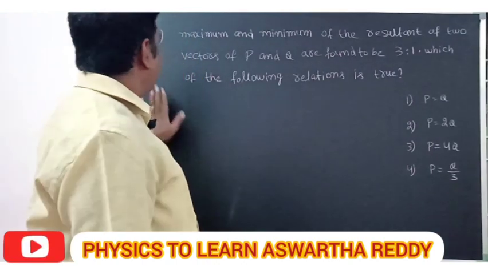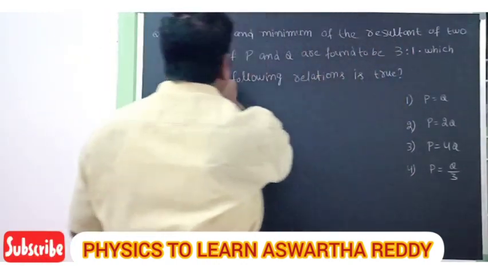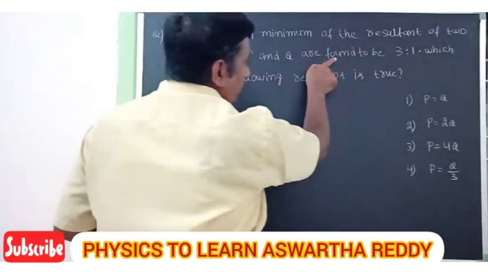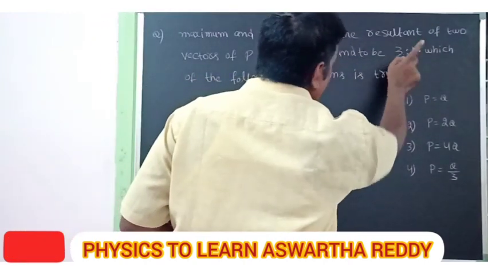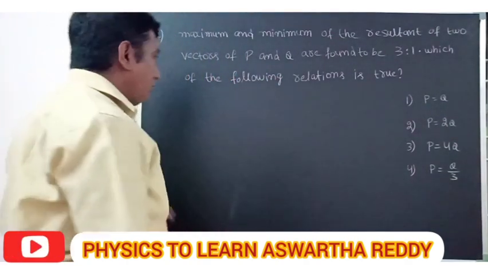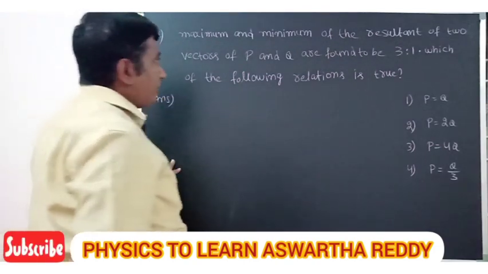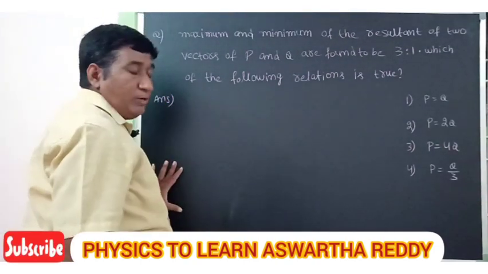Okay, next question. The maximum and minimum of the resultant of two vectors P and Q are found to be in the ratio 3:1. Which of the following relations is true? This is very simple. Just now we discussed what R maximum is and what R minimum is.